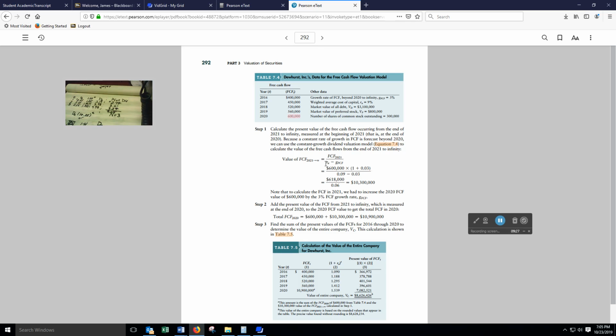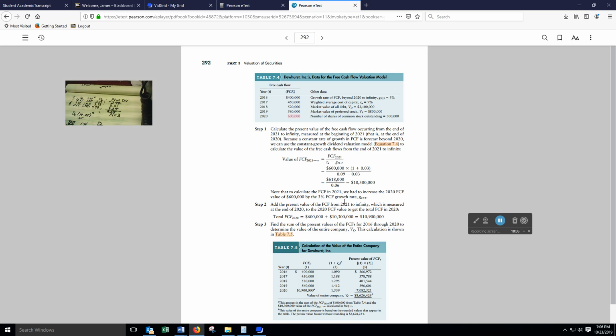RA is our weighted average cost of capital. That's what we're discounting it by, minus the growth rate in the free cash flow. So we took the 600,000, multiplied it by 1 plus 0.03. That goes in the numerator. And then in the denominator, we took the 9% weighted average cost of capital and subtracted out the predicted 3% growth rate in free cash flows.